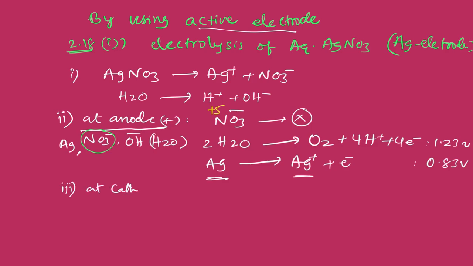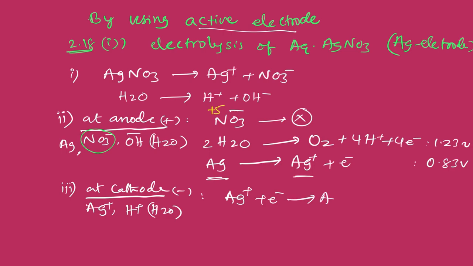Now, at cathode. At cathode, what ions will come here? At cathode, positively charged, that is Ag plus will come here and H plus will come here. This is from water. So I am writing here Ag plus plus electron converts into Ag. Water undergoes reduction, then this will be converted to H2 and 2OH minus.